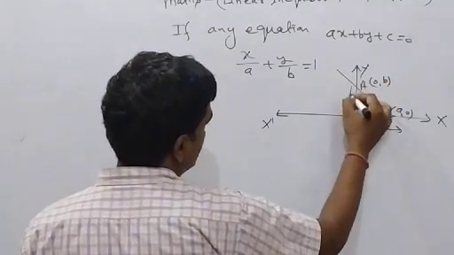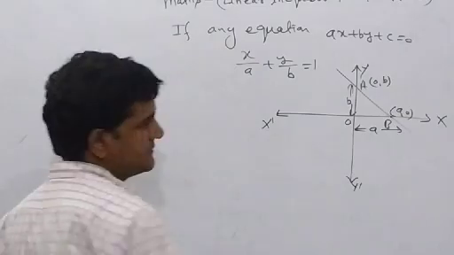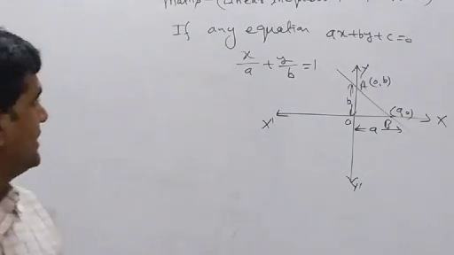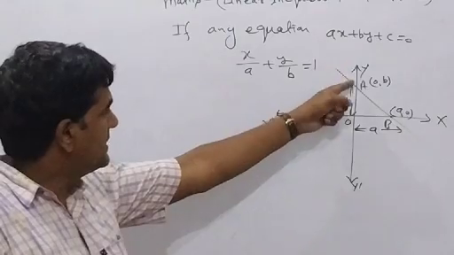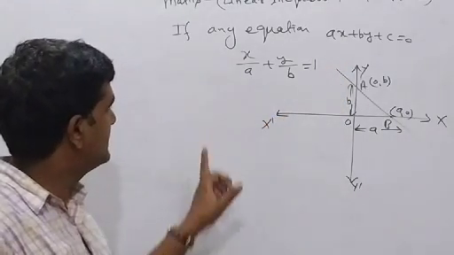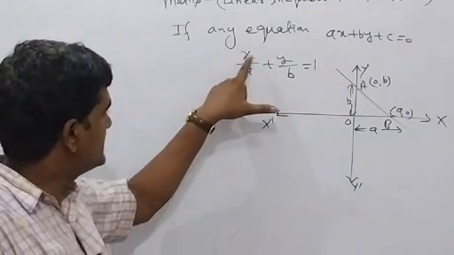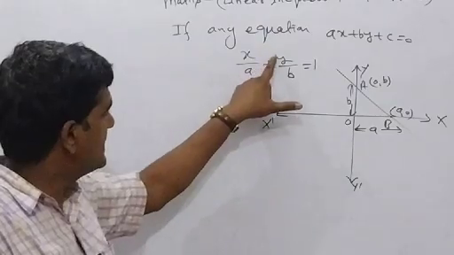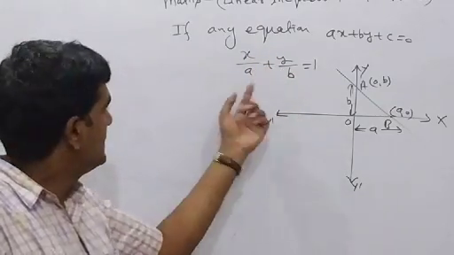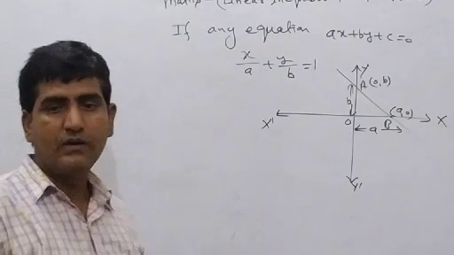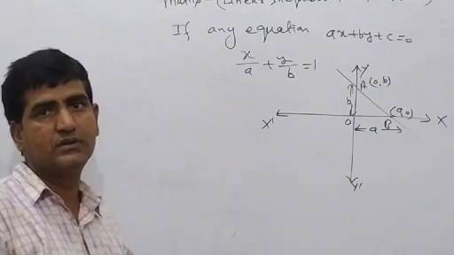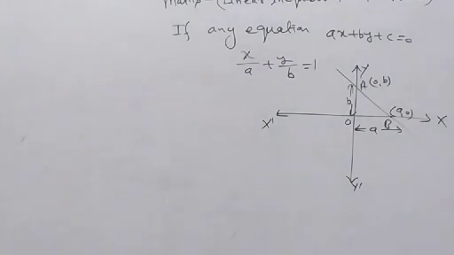Means a units here and b units here. If any linear equation ax plus by plus c is equal to 0 is given, first of all we change it into x by a plus y by b is equal to 1 form, where a is the x intercept and b is the y intercept. Understood? Good.